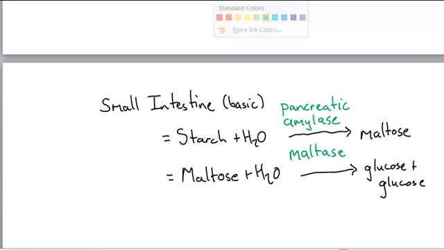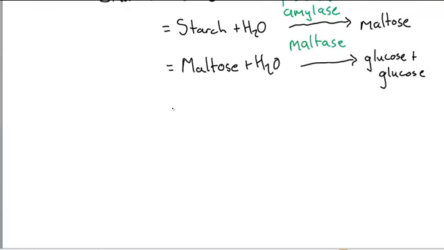We also pick up and continue digesting protein. The job's not finished in the stomach. And we don't break it all the way down into its building blocks in its first step.